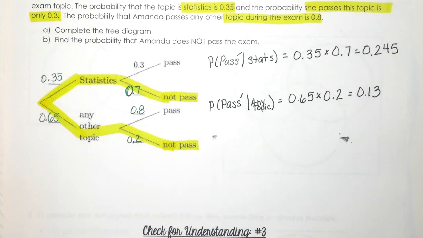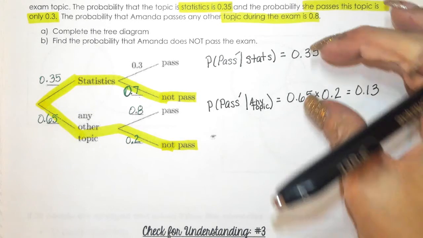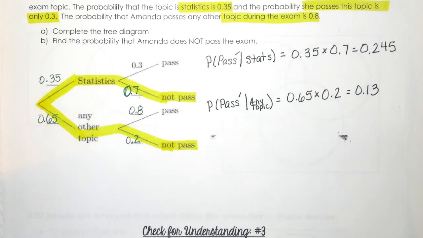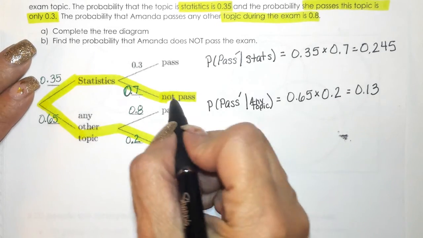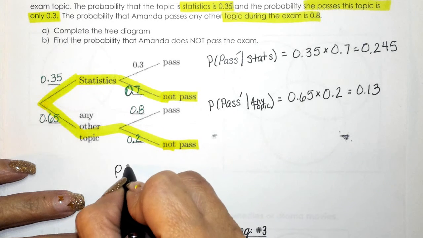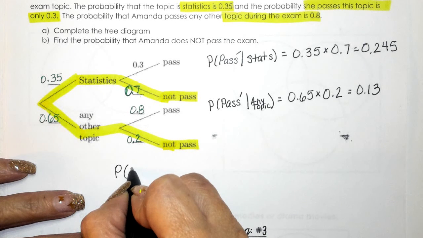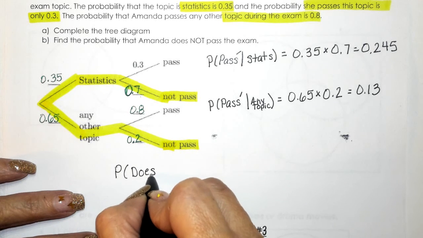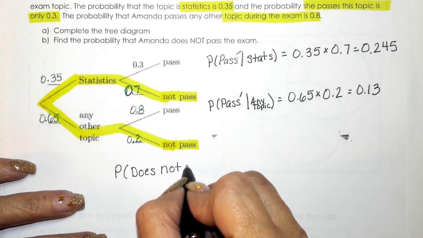Now I need to put all this together. When I put these two together, what am I saying? The probability that she does what? I'm basically saying the probability that sweet Amanda fails the test, right? Because they both lead to that she doesn't pass. So I'm just going to come down here and say the probability that she does not pass.